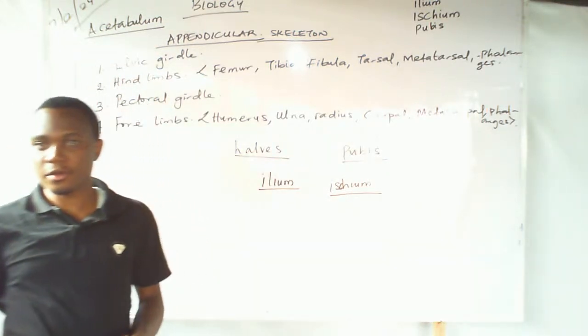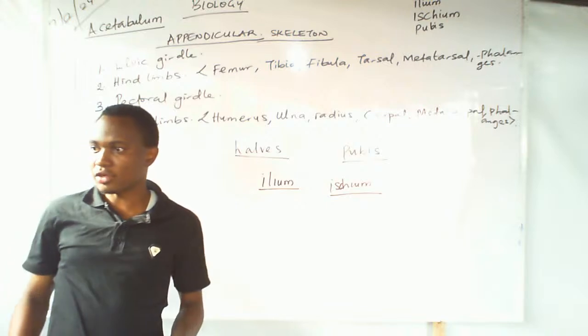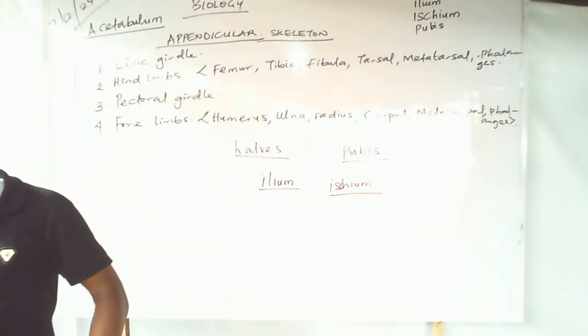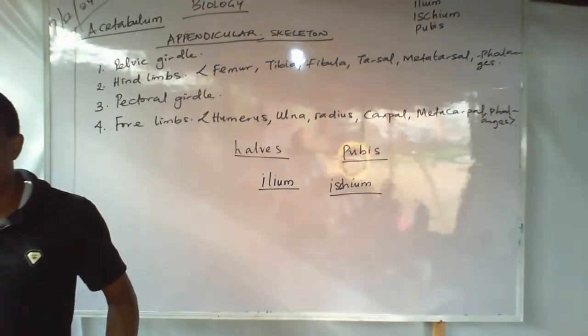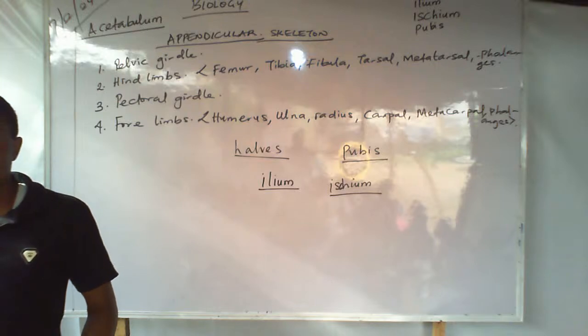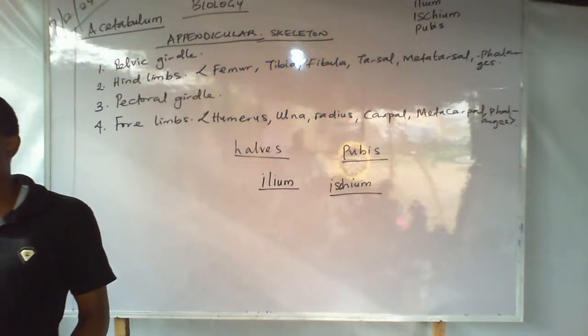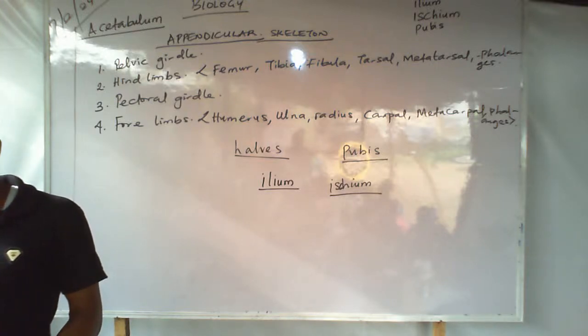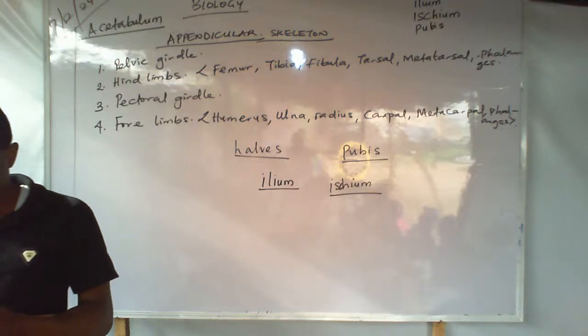They form a depression right on the outer surface, right here in front. Not at the back, the front. To form what? The acetabulum, which articulates with the head of the femur.